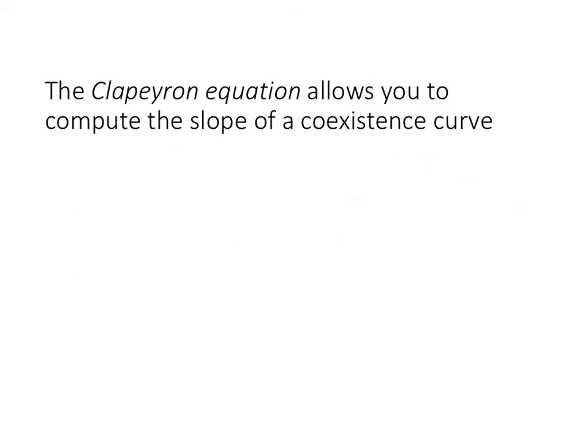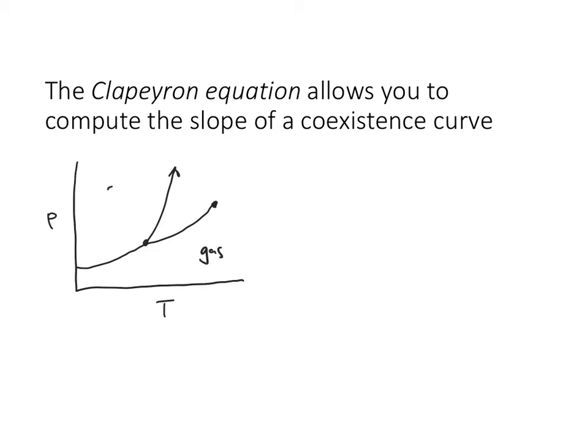Next, I want to introduce you to the Clapeyron equation. And the Clapeyron equation is pretty interesting because think back to a pressure-temperature phase diagram. It looks something like this. There's the triple point, then there's the critical point, and then there's the coexistence curve. Down here we've got the gas phase, solid phase up there, liquid phase right up there.